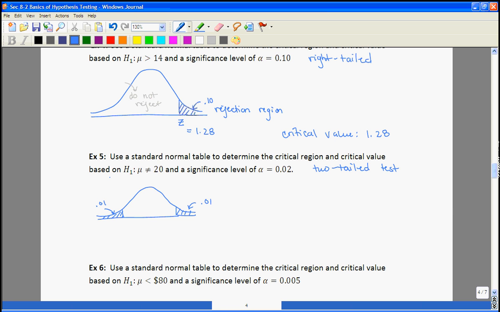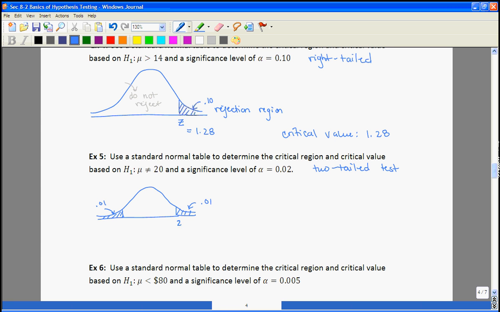So again, I look on my table and I'm looking for an area of 0.01. And the closest I get to is 0.0102 and 0.0099. I think I'm going to take that 0.0099. It's just a little bit closer.